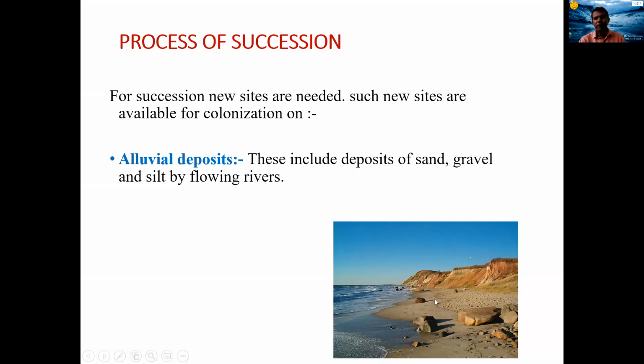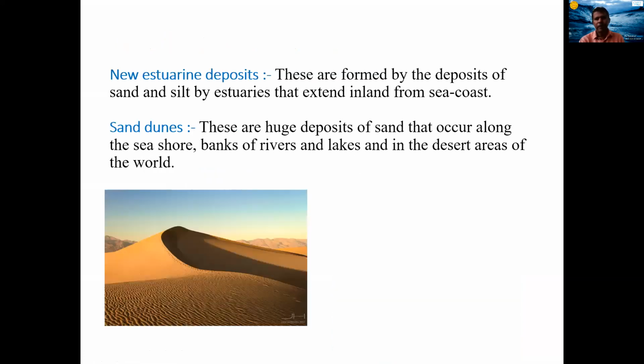There won't be any life or plants there, and it starts growing new life, right? And as I mentioned before, like the sand dune here, there is no plant life, but if we leave it for quite some time, it will start growing some plants, right?